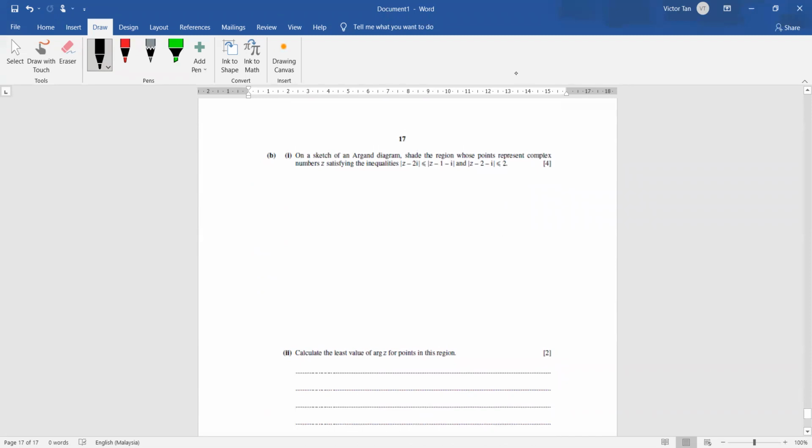On a sketch of an Argand diagram, shade the region whose points represent the complex numbers satisfying these two inequalities. Okay. So when you have two complex numbers, the inequality given by this is the perpendicular bisector. This is real.